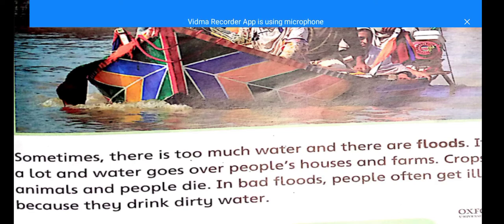And when you are surrounded by the water, you will not get any kind of eatable or clean water. So you will be forced to drink or to use that dirty water. So in the result, people can get ill if they use that dirty water. So when there is a very bad flood for a long period of time and people are forced to use the dirty water, they could get ill.